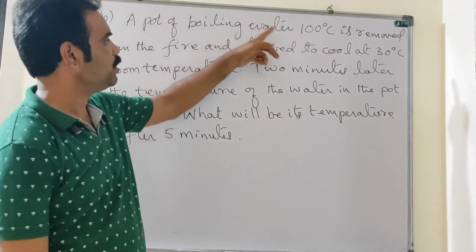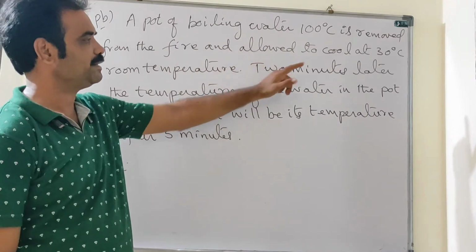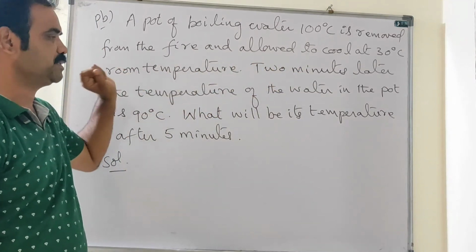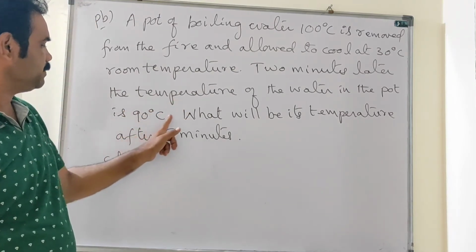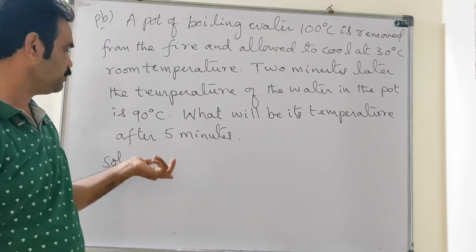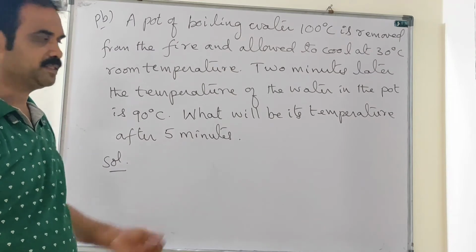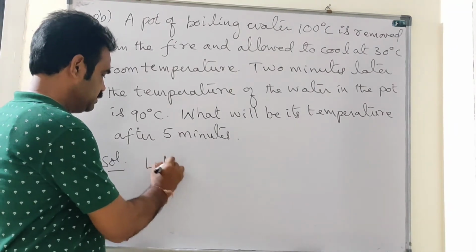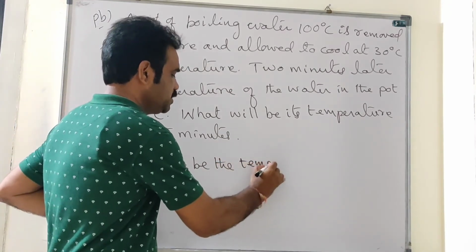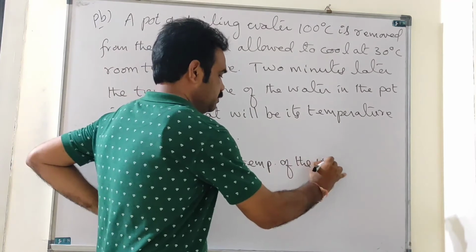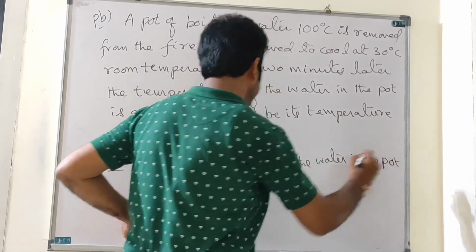Given that a pot of boiling water with 100°C temperature is allowed to cool at 30°C room temperature, and 2 minutes later the temperature of the water in the pot is 90°C. We have to find the temperature of the water in the pot after 5 minutes. Let theta be the temperature of the water in the pot at time t.